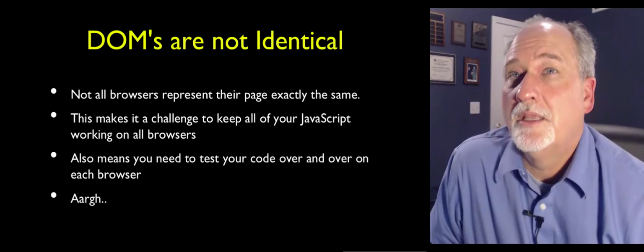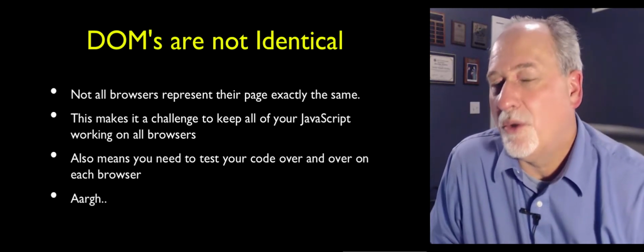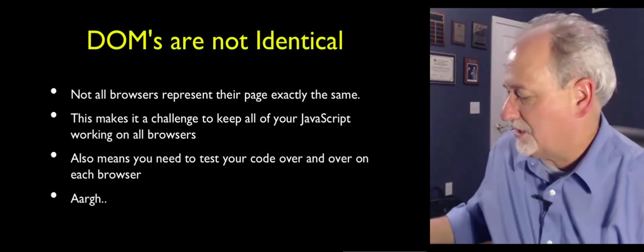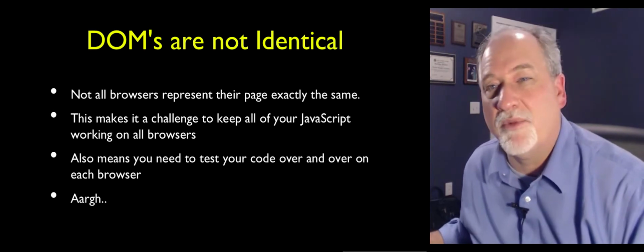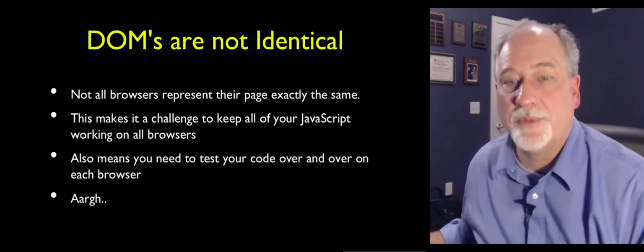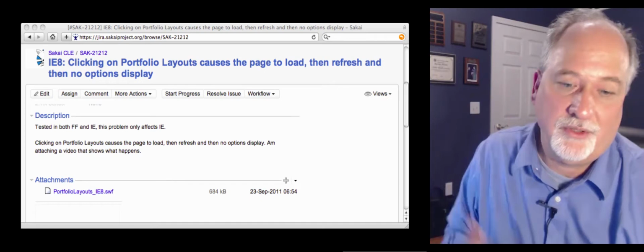If you're just going straight down the document object model to find a form or a header one or something that's in there, you end up with these bugs.